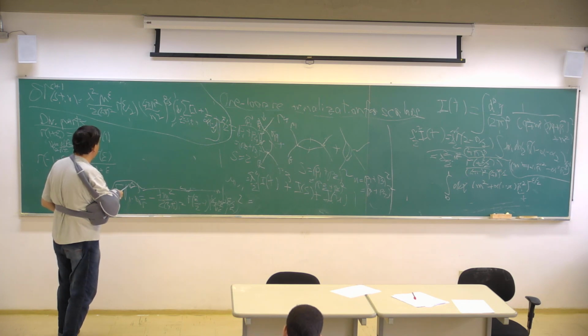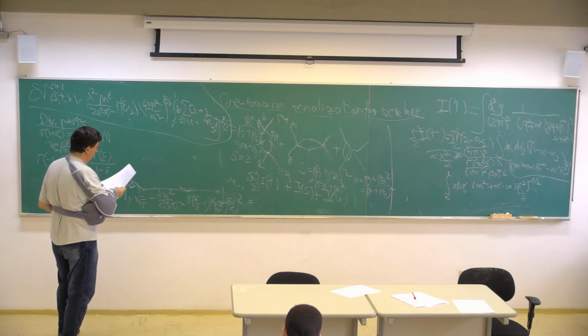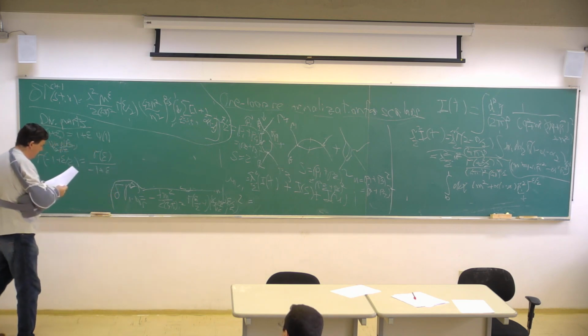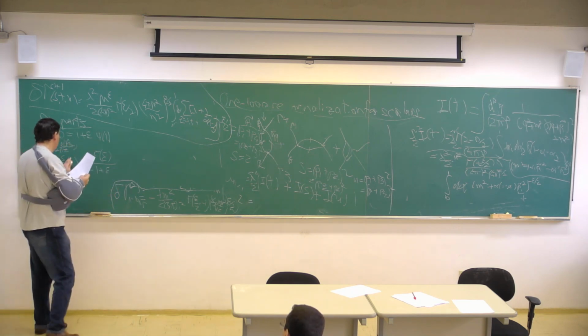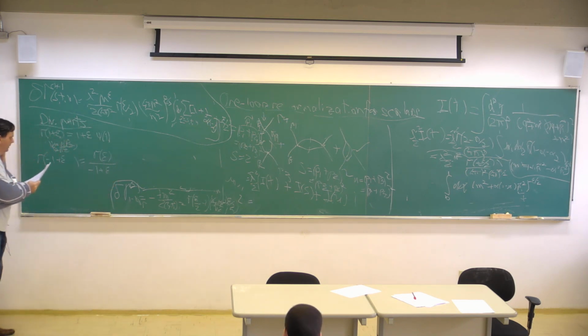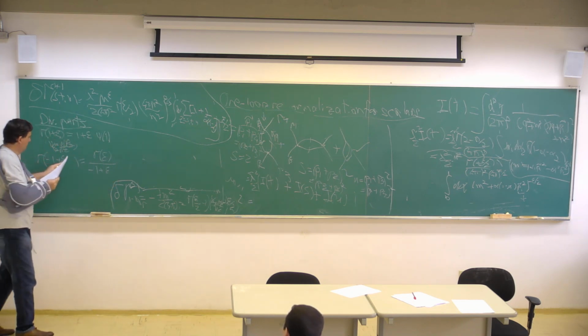Let's put it to minus 1, gamma of minus 1 plus epsilon.